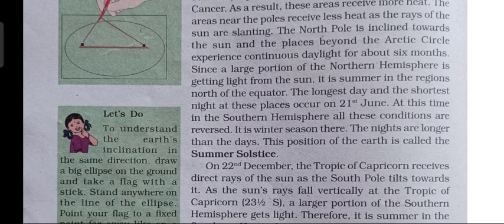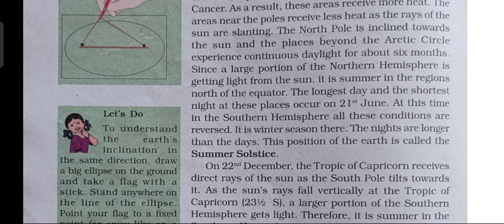In the North Pole, the places which lie around Arctic Circle receive continuous daylight for 6 months. But in the case of South Pole, the places which lie around the Antarctic Circle will experience continuous darkness for 6 months. So the conditions get just reversed. If in northern hemisphere it is summer season on 21st June, it will be winter season in the southern hemisphere on 21st June.